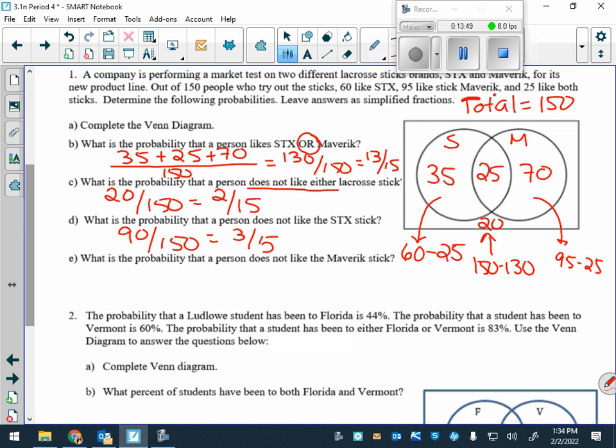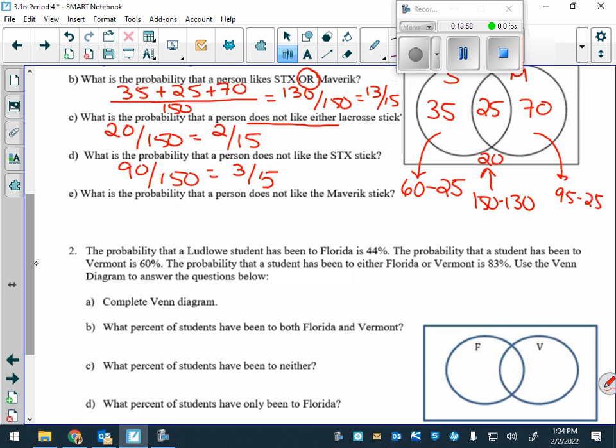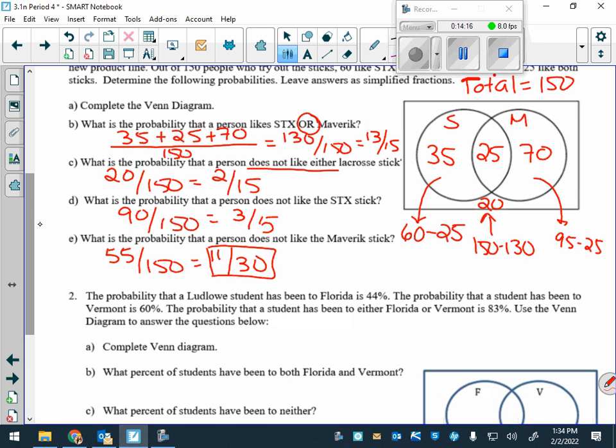What is the probability that a person does not like the Maverick stick? So what would that be? Yeah. What was it before? Okay, so let's recap because I'm not really sure where everybody is. For a Venn diagram, where it says or, you're adding up, in this case, 35, so only Sticks, who likes both, and who likes only Maverick.